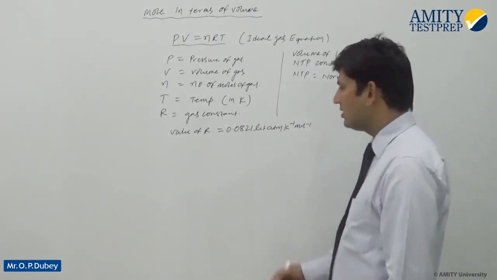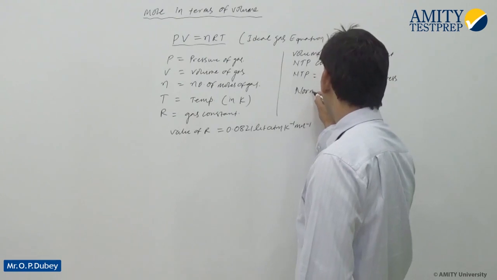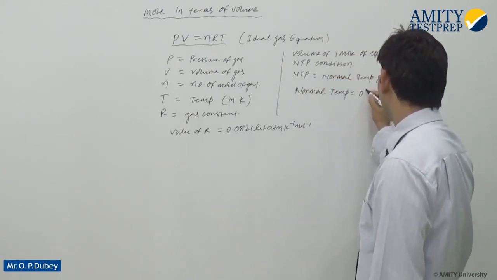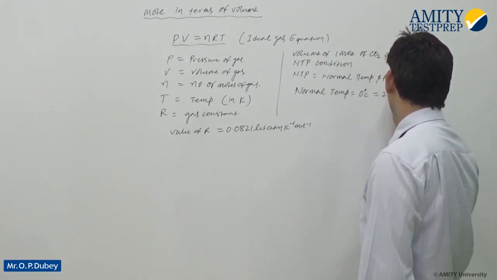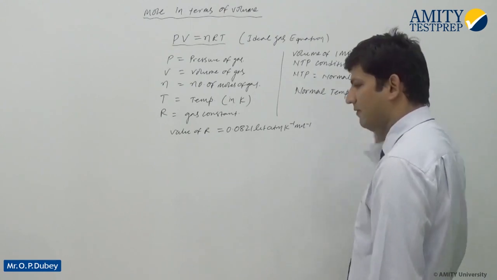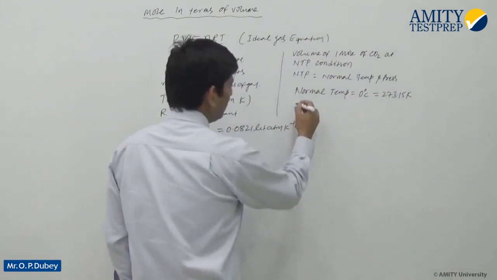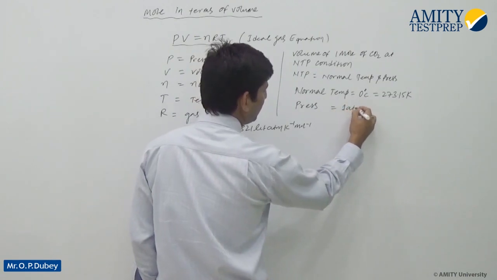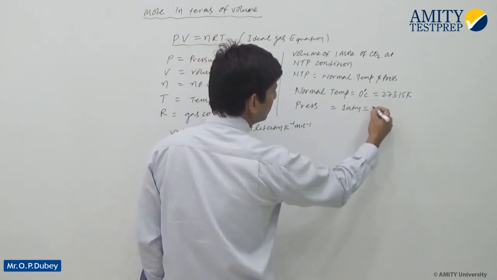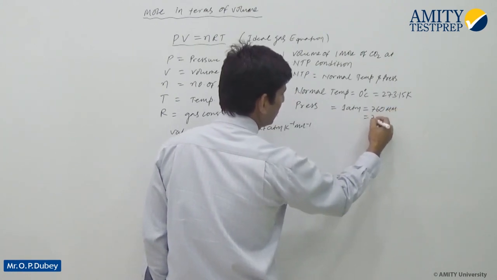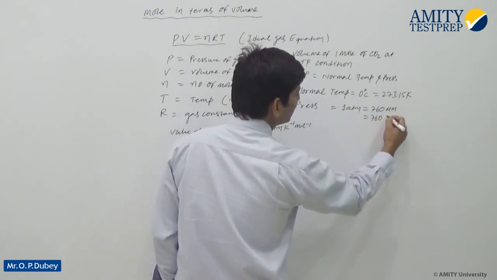The normal temperature is 0 degree C or 273 Kelvin, or 273.15 Kelvin exactly, and the normal pressure is 1 atmosphere, which is equal to 760 mm, or 760 torr.